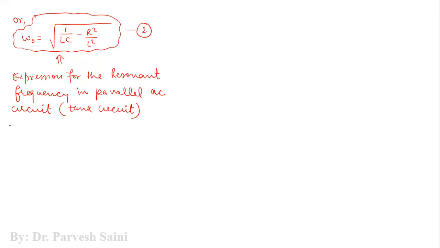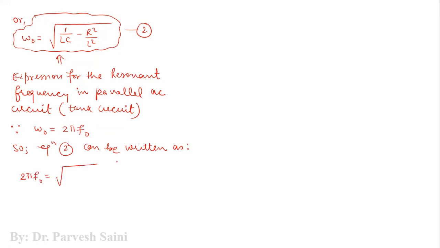Now, because omega naught is equal to 2 pi f naught, equation 2 can be written as 2 pi f naught is equal to under root 1 by LC minus R square by L square, or f naught.